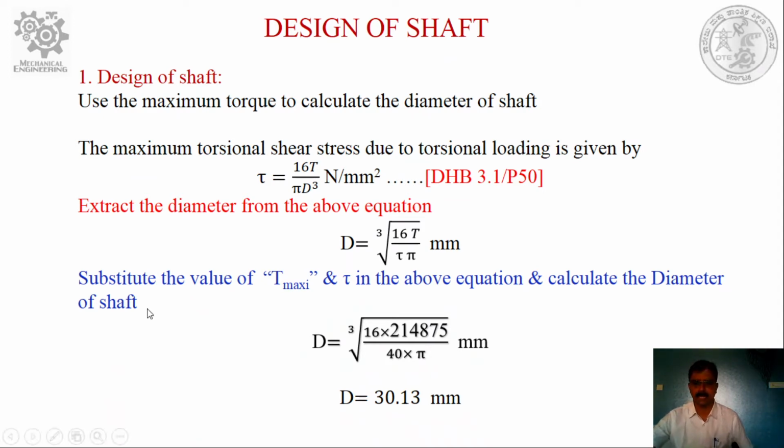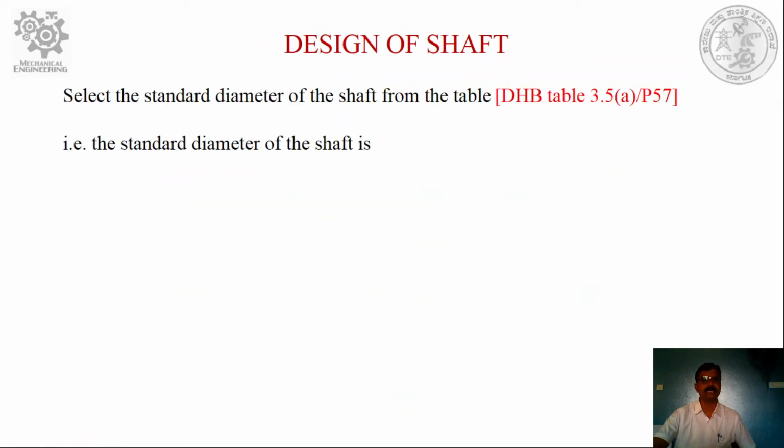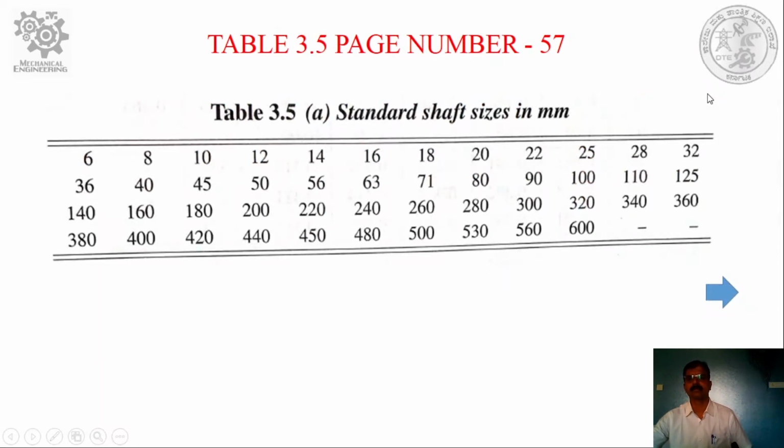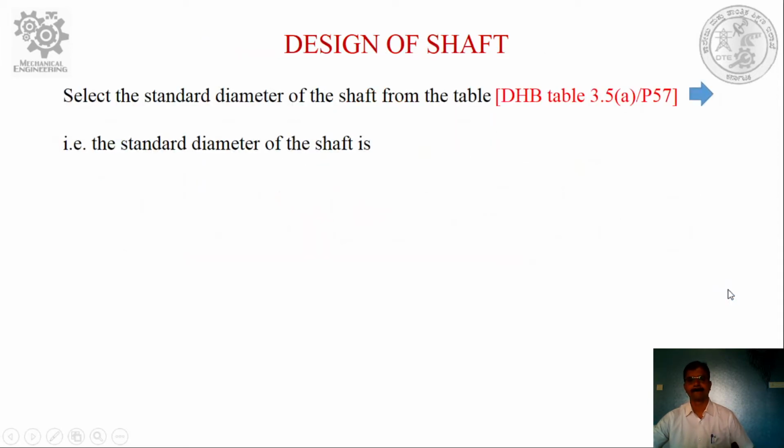Now go to the data handbook and select the standard diameter of the shaft from the table, data handbook table 3.5, page number 57. The diameter from the equation lies between 28 and 32. We select the larger diameter, that is 32. Now the standard diameter of the shaft is D equal to 32 millimeter.